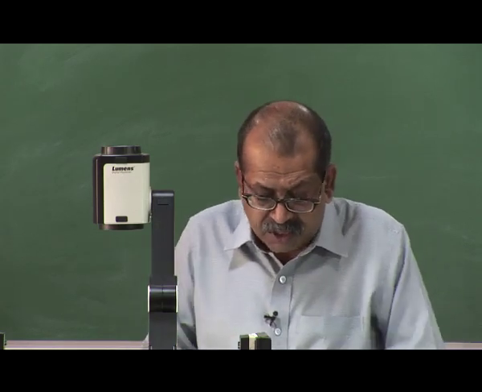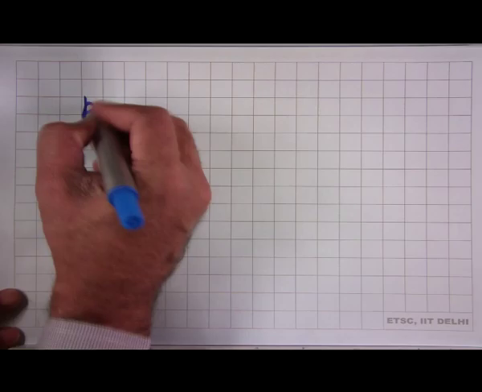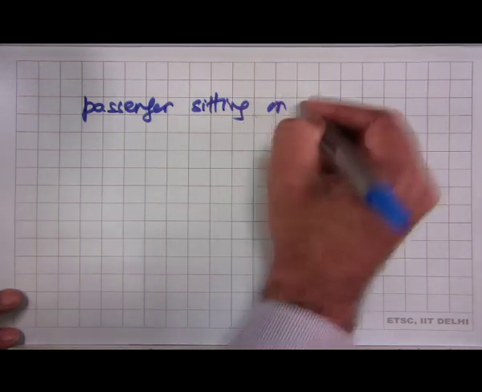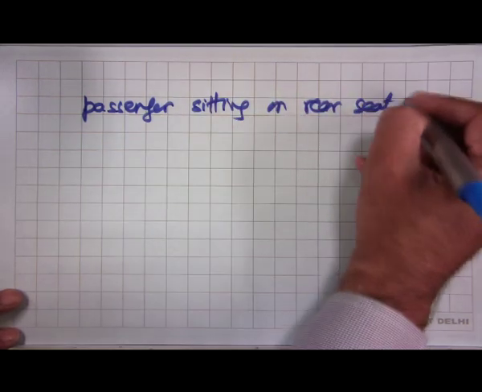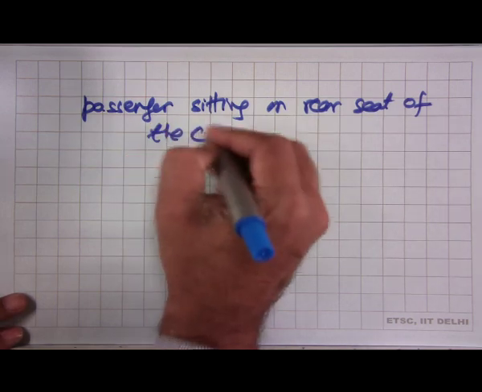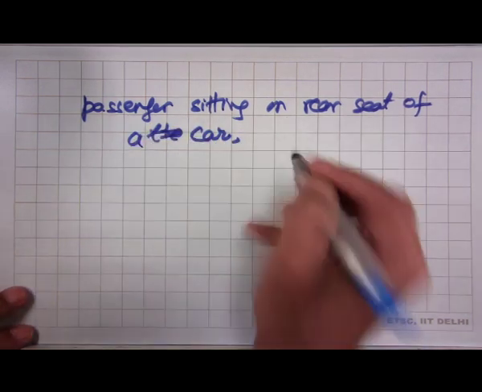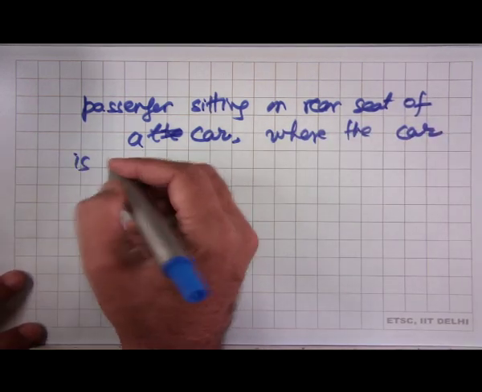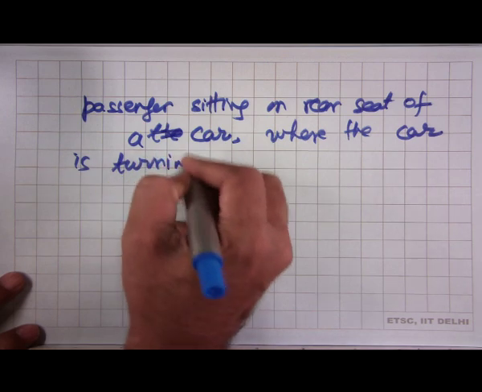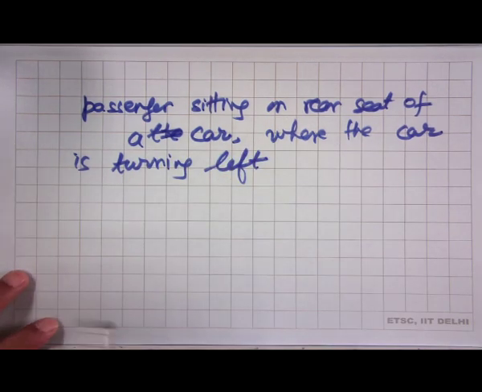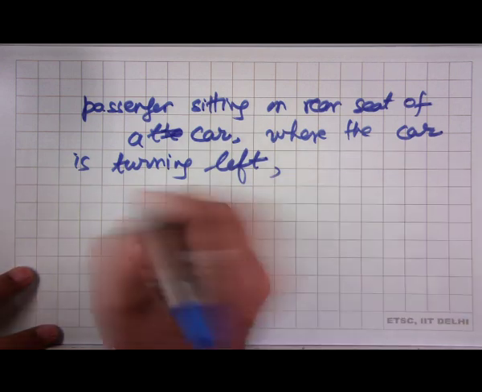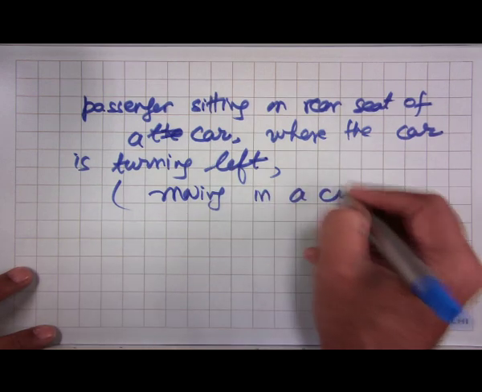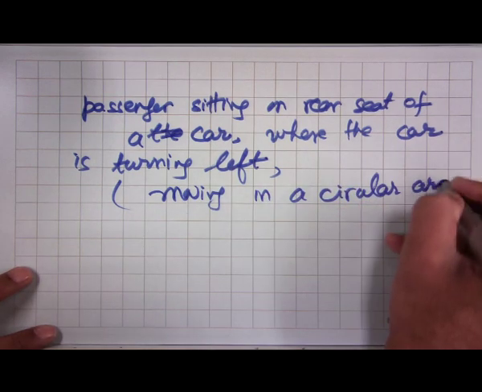Now, let us look at a case of a passenger sitting on the rear seat of a car where the car is turning left, and so we assume it is moving in a circular arc.